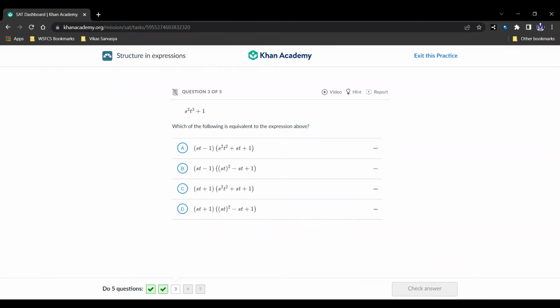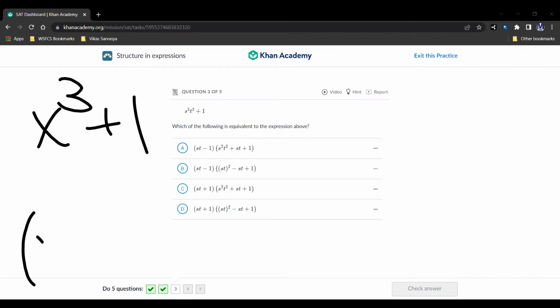Okay, here we have s cubed t cubed plus 1. So this is going to be the sum of cubes. Right now, there are several factorizations, right? We have a difference of squares. We do not have a sum of squares, but we do have a sum of cubes, and we have a difference of cubes. The sum of cubes is going to be, say we have x to the third plus 1.